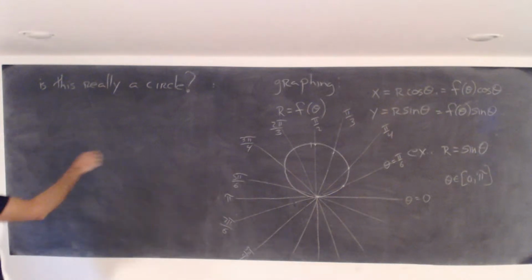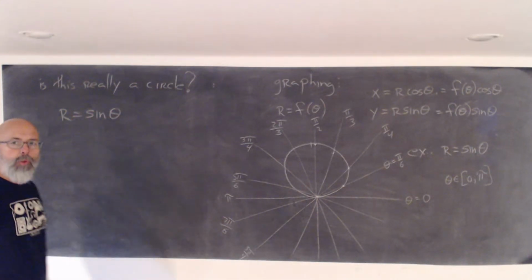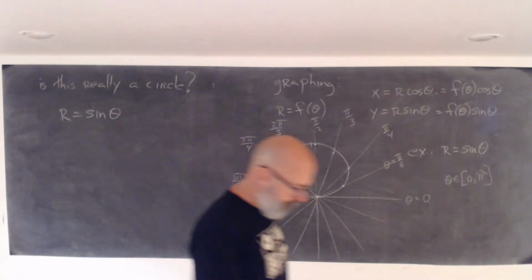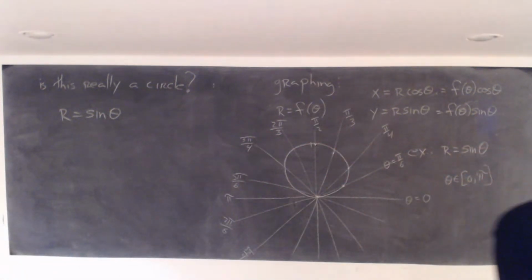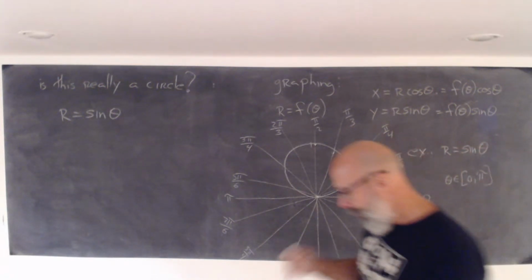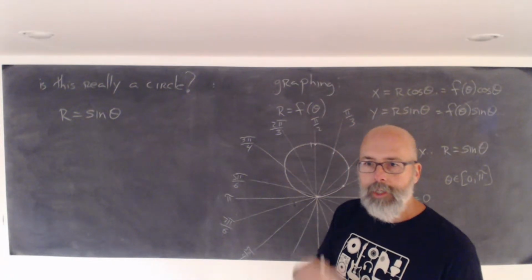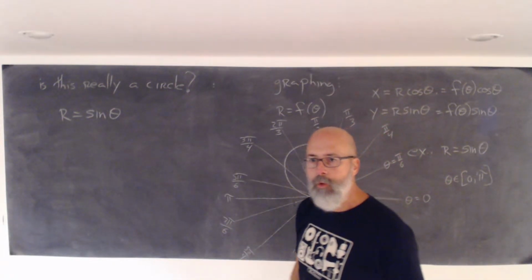Is this really a circle? This is what we're graphing. Let's translate this into Cartesian coordinates. Let's translate this into x and y.